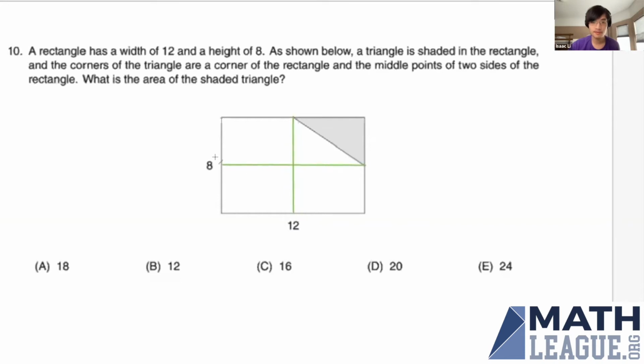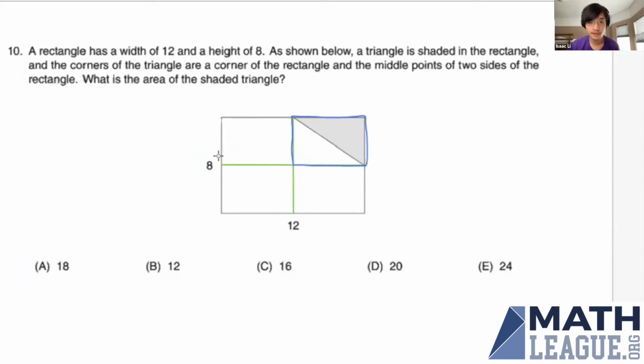So now we have quartered this rectangle, right? So this rectangle is now quartered. So this rectangle here is just a quarter of the area. Now, what is the triangle up to? Well, this shaded triangle is obviously just half of the area of this rectangle here.